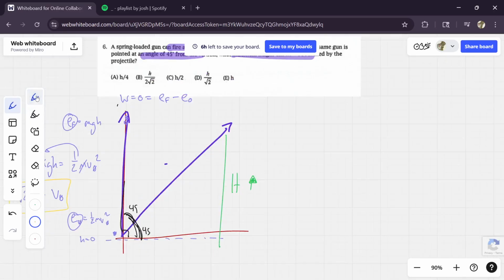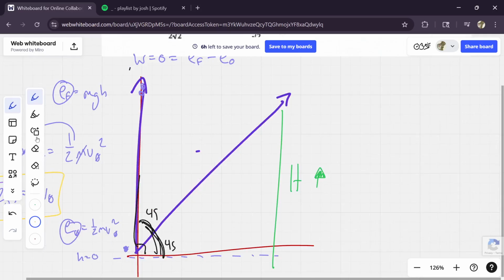So going over to this side as well, first I'm going to try and decompose my components here. What color do I want? Red. Okay, so I'm going to look for a vertical height first. So vertical height is going to be v initial cosine 45.